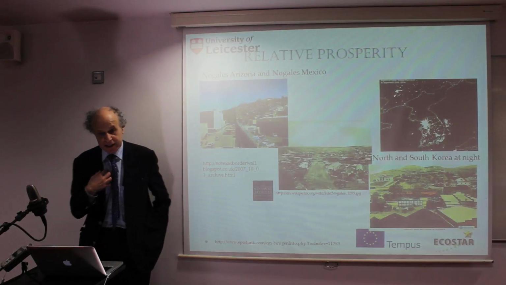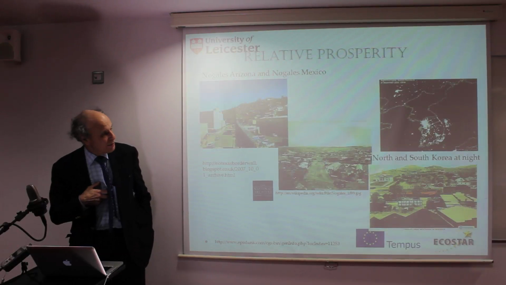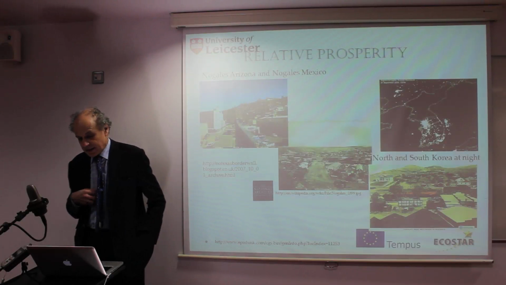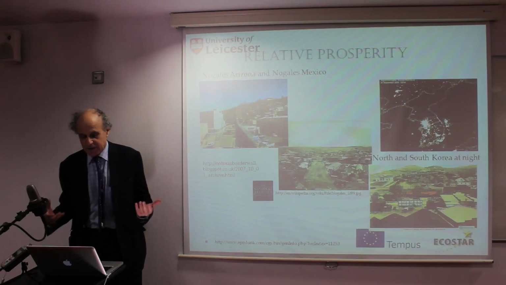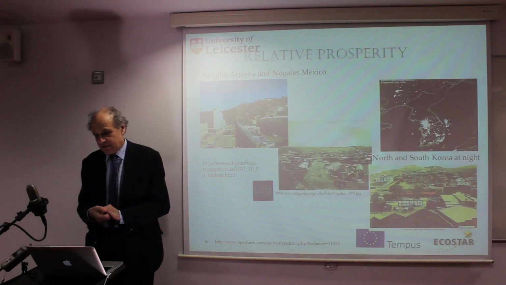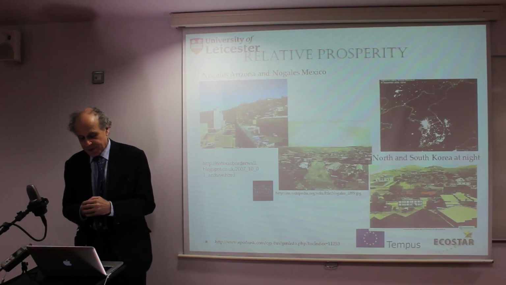And the slide that's most famous for showing this is the one on the right, which is Korea at night, where the democratic government of South Korea developed a free market economy, developed industrially in about 50 years from absolute poverty to approaching high-income countries' levels of wealth.